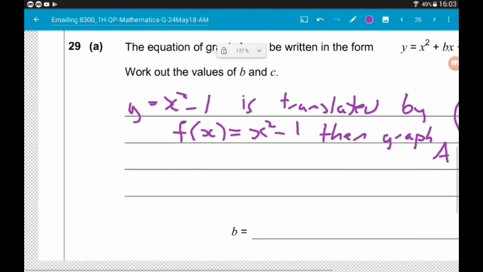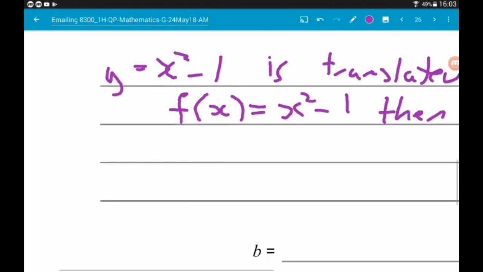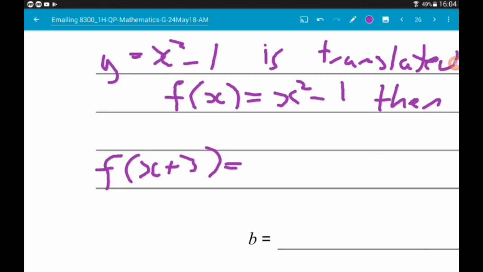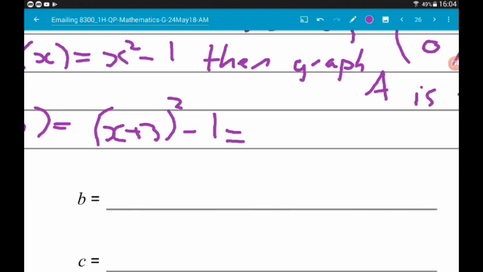So, remember, f of x is x squared minus 1. F of x plus 3 is, well, the x becomes x plus 3. So it's x plus 3 squared minus 1. Now if we expand those brackets, x plus 3 squared means x plus 3 times x plus 3.